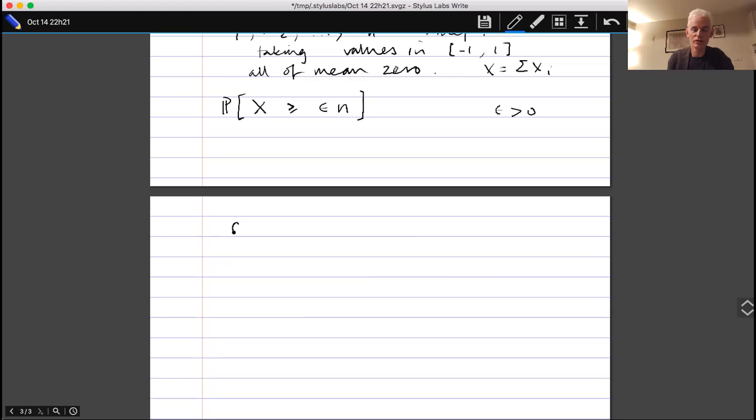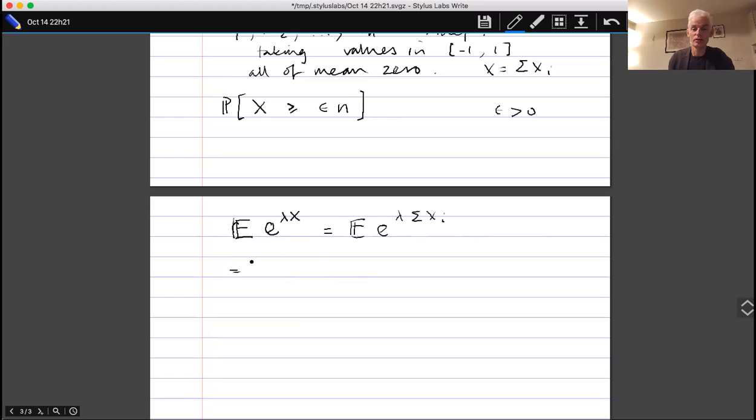So we're going to consider the following quantity. We're going to consider the expectation of e to the lambda x. And the independence is going to allow us to do all sorts of nice things to this. So that expectation is, of course, the expectation of e to the lambda sigma xi. That's by definition.